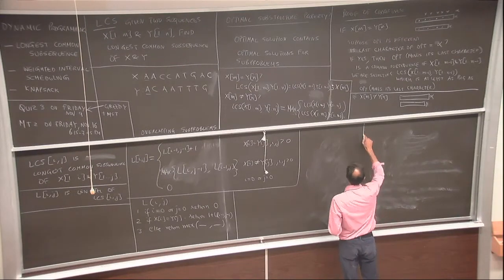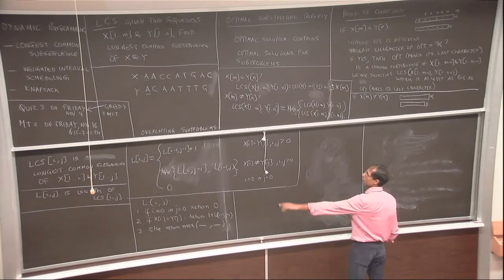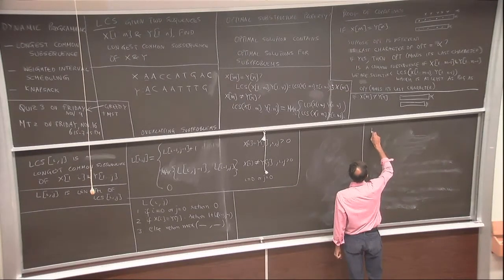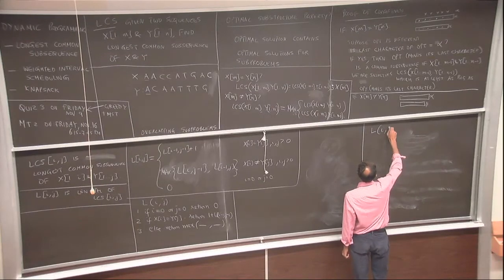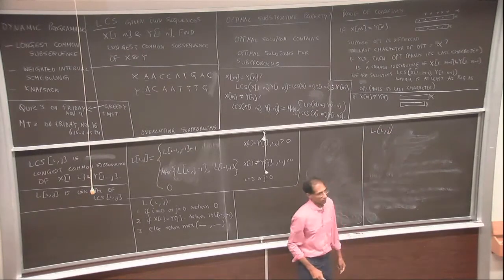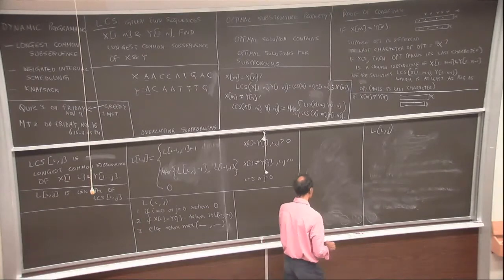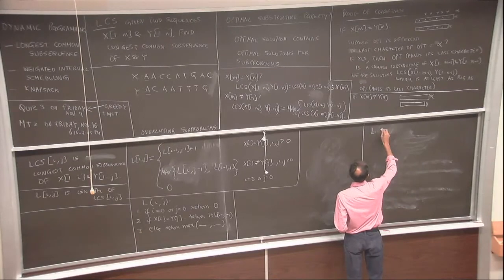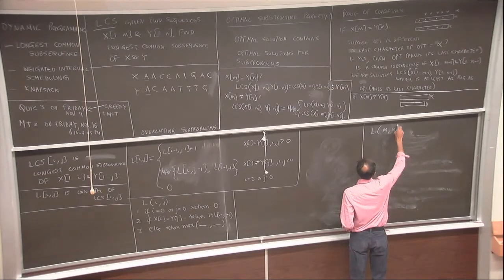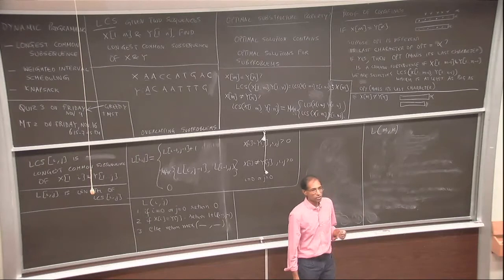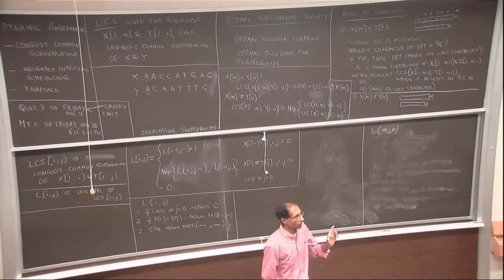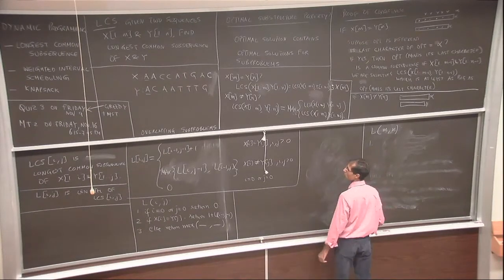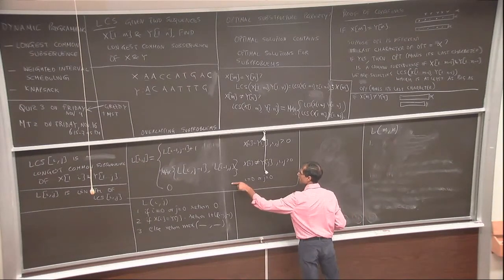Okay, so the iterative procedure is going to look like this. So this is for L(i,j). Okay, for L(m,n), I'm going to compute L(m,n). This will find the length of the longest common subsequence of x1 through m and y1 through n. First, you make sure that you take care of the base case.